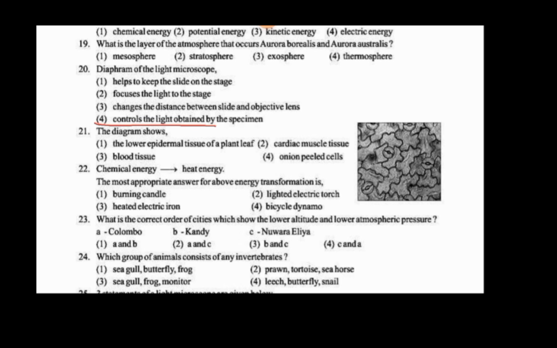The diagram shows the lower epidermal tissue of a plant leaf. Now here in this one you can see stomata, this bean-shaped structure, right? This is called stomata, right? Through the stomata, carbon dioxide gas molecules enter into the plant leaf, and oxygen produced by photosynthesis and water during transpiration comes out through these stomata, and these are called guard cells, right?